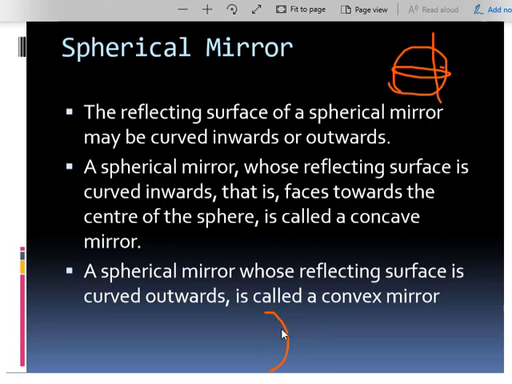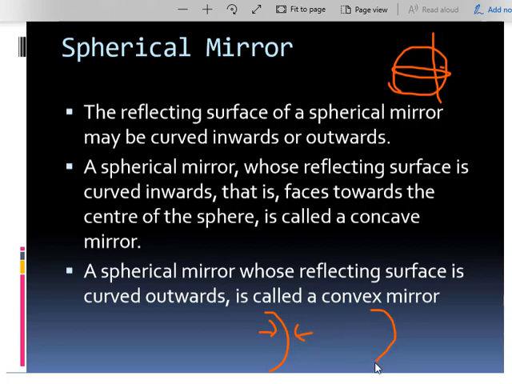The light will fall either on this side of the mirror or this side of the mirror. If the light falls on this side, it is known as the inward side. If the light falls on this side, it is known as the outward side.